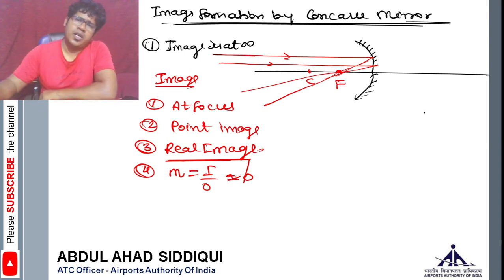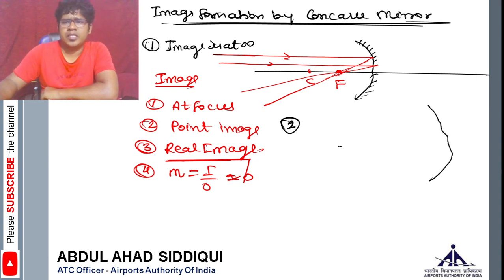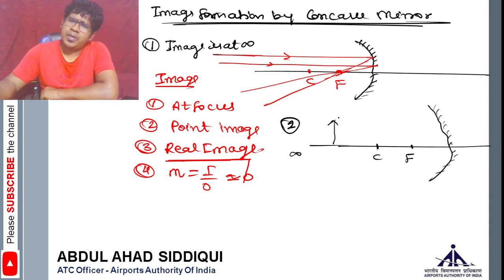Second thing, let's say your object is not at infinity, it is in between, like this one. Let's say this is your focus, this is your center of curvature, the image is in between infinity and C. So what will happen? A ray of light will go this way, it will pass through focus.